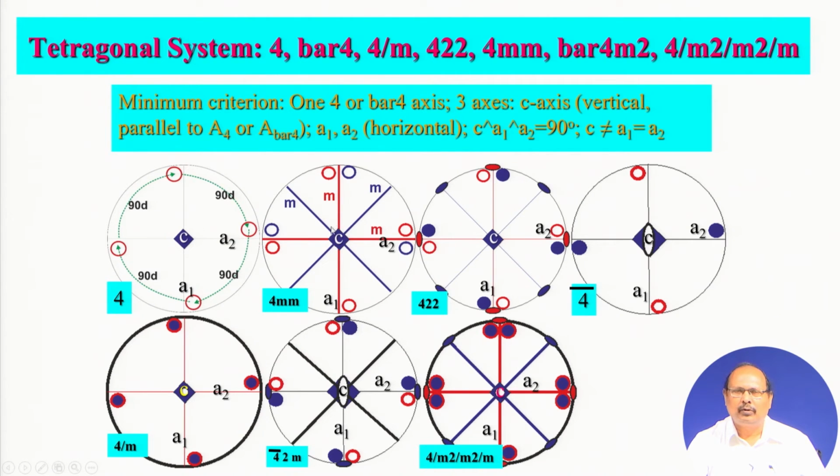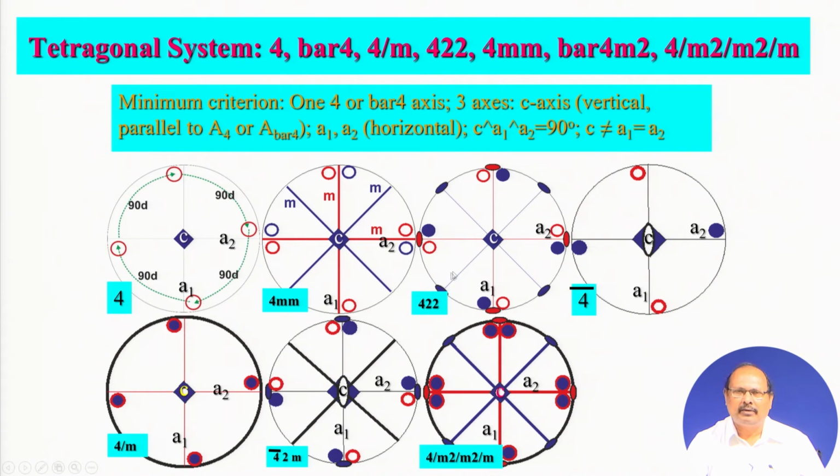As I told you, this is a vertical fourfold axis, so this direction can be rotated 90 degree and made to coincide with the direction of A2. So, A1 and A2 are equivalent directions and their unit cell length will be the same.